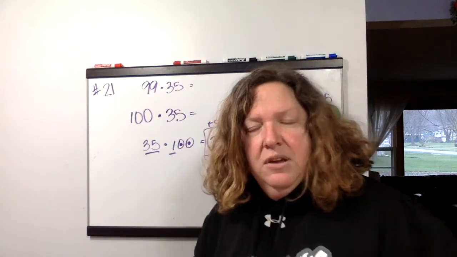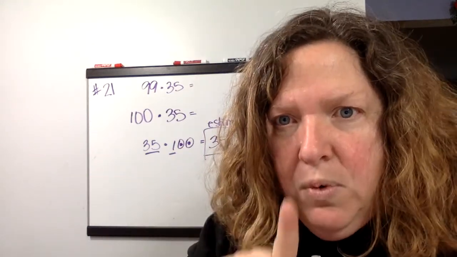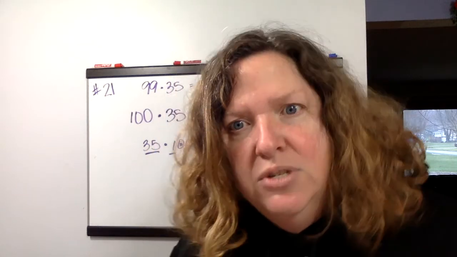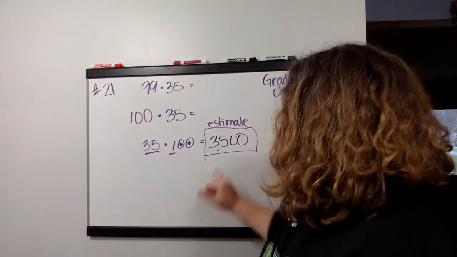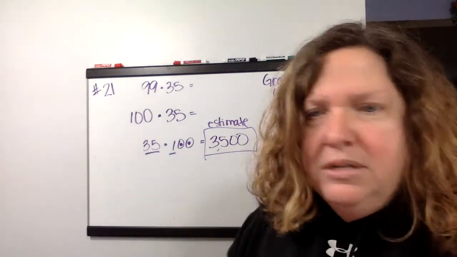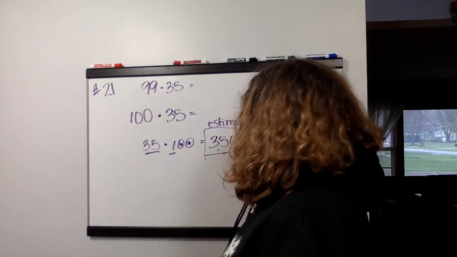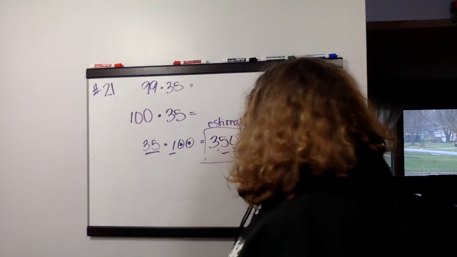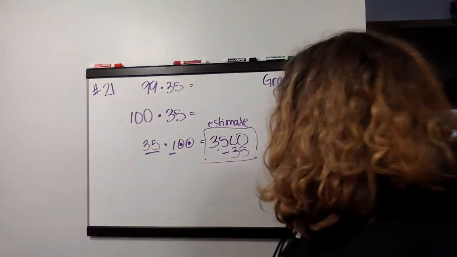Well, our estimate has him reading one more page each week than he actually did. So in order to get back to the regular answer, we have to take away that one more page each week. So we have to do 3,500 and subtract out those 35 pages.